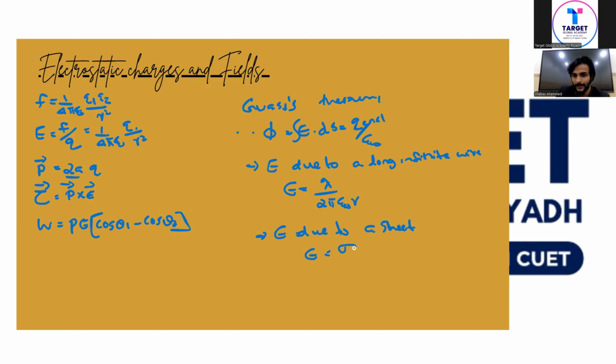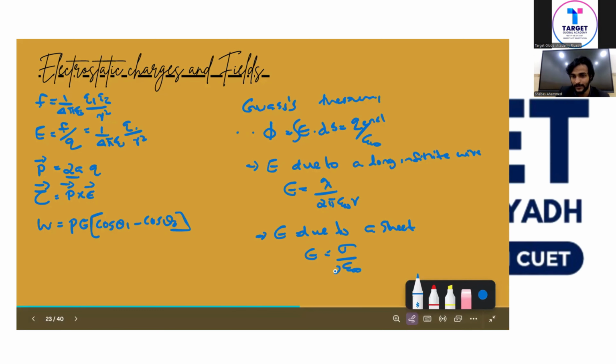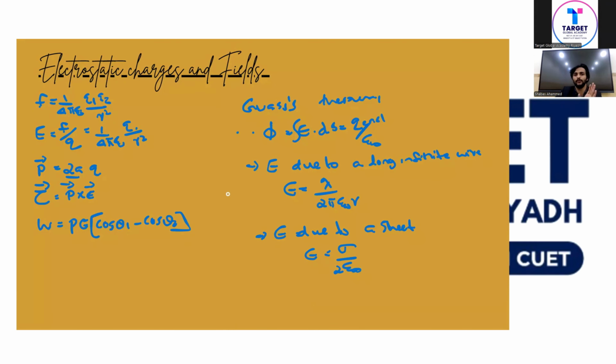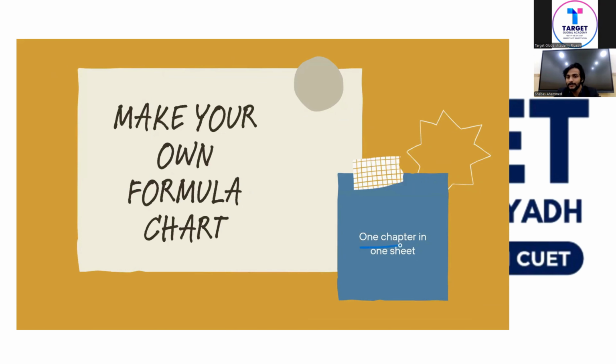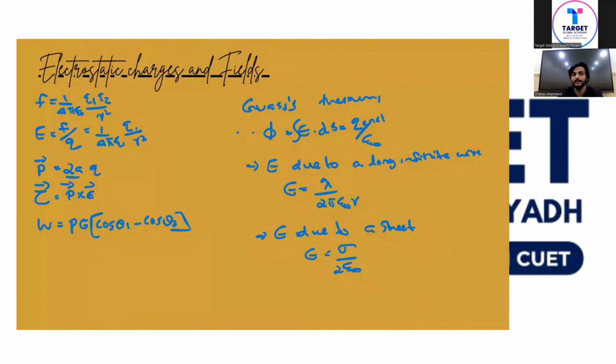E equal to sigma by 2 epsilon 0. And we know the electric field due to a sphere, 1 by 4 pi epsilon 0 into q by r square. So like that, you just make a formula chart like this. But listen, for one chapter, you have to write the formula chart in only one sheet.